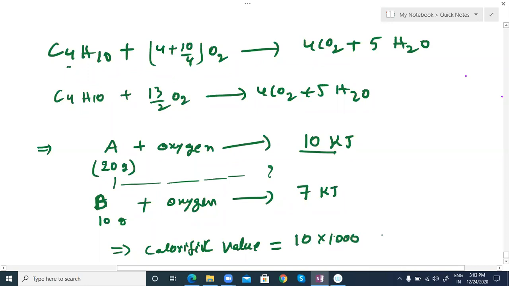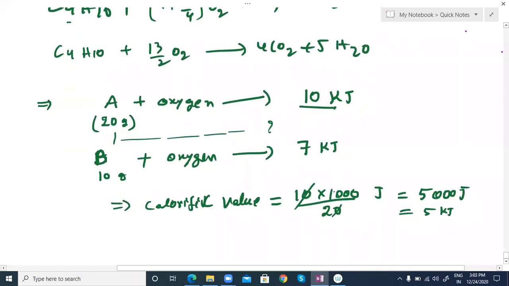We write joules, divided by 20. What value are you getting here? I think 500 joules, or 0.5 kilojoules is your answer, sir. Got it?